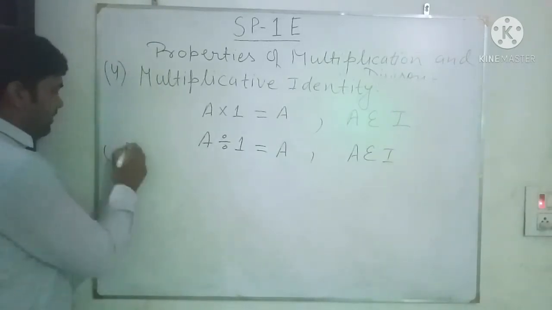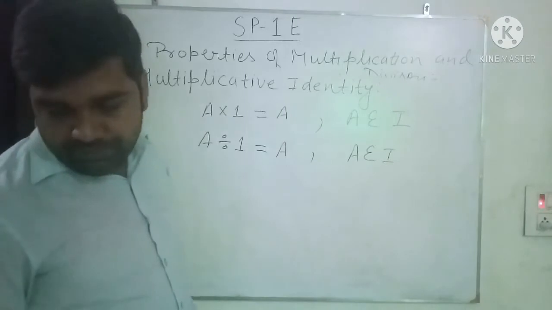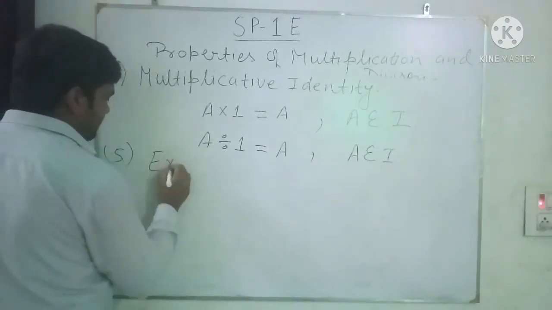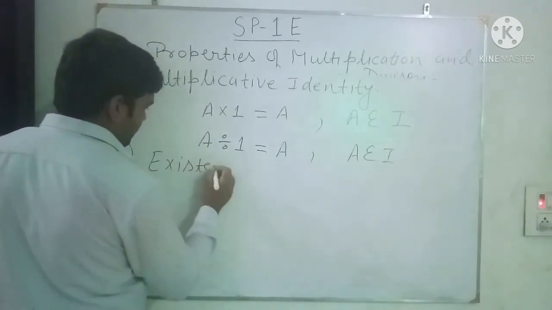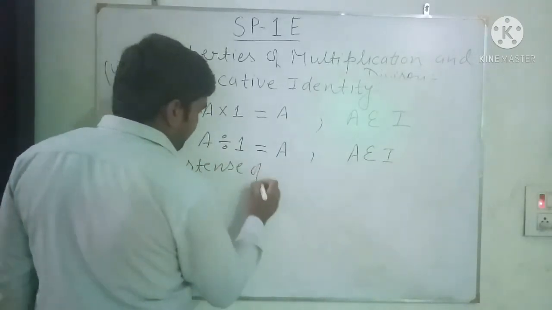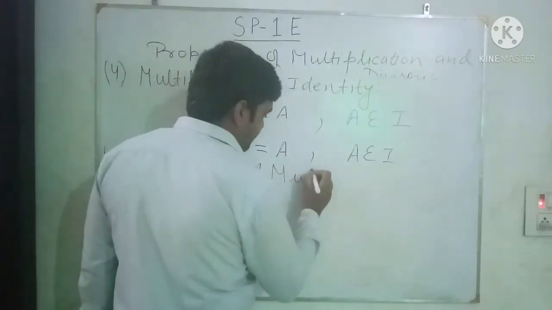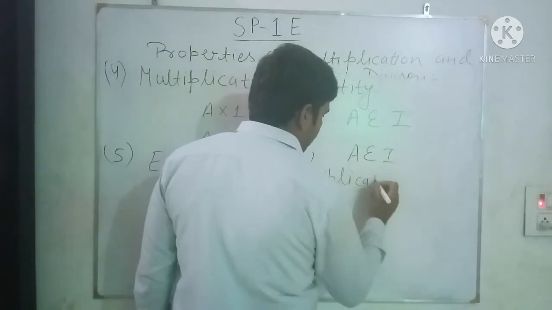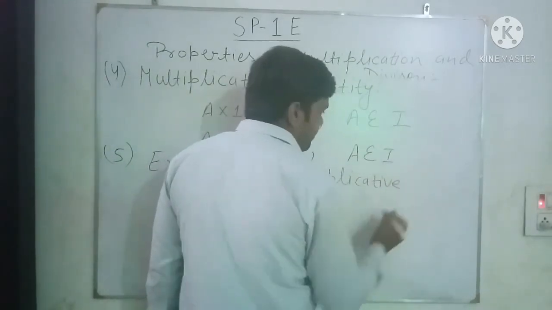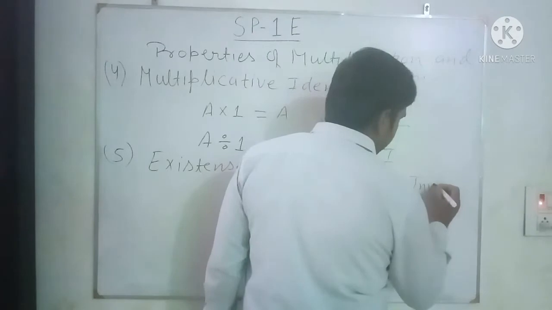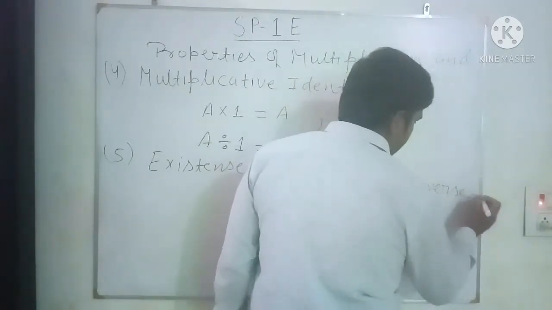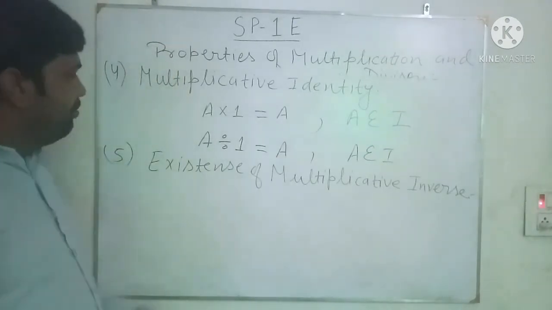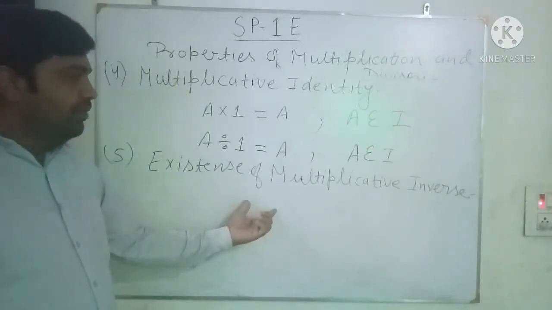Next property is the existence of multiplicative inverse. It means we have to find a number by which you multiply the integer, and you get the product 1.